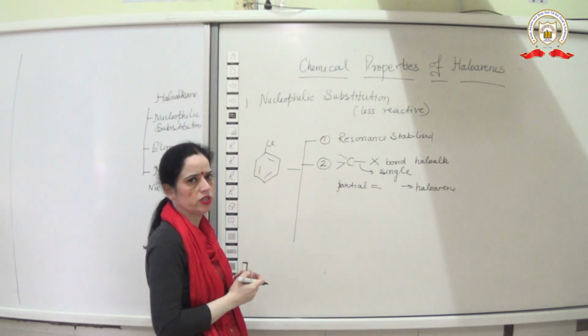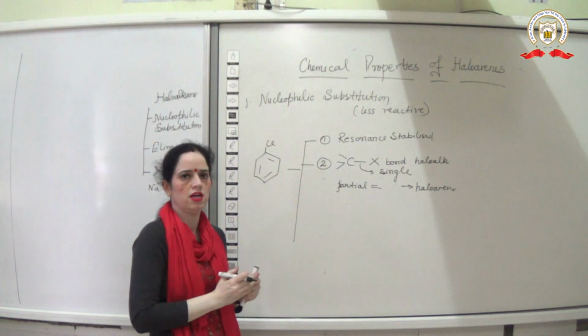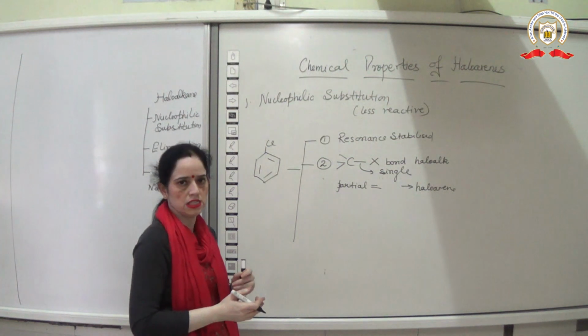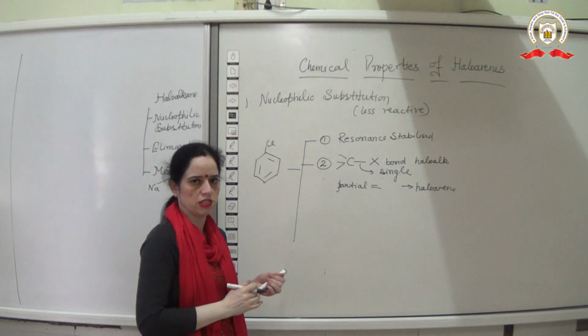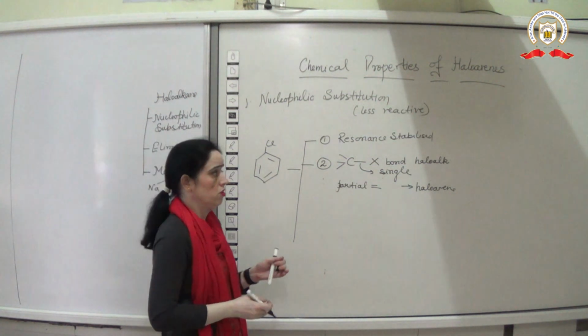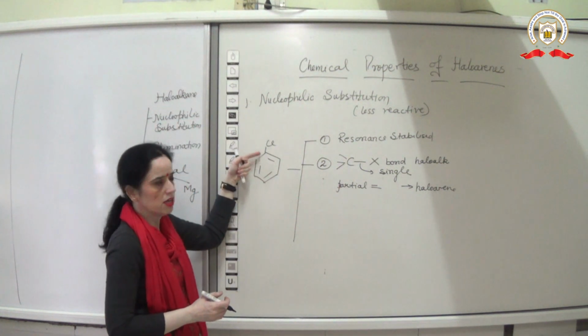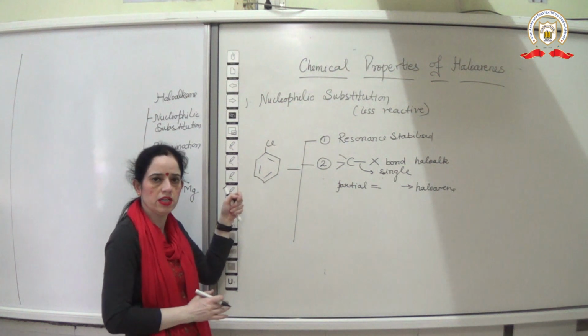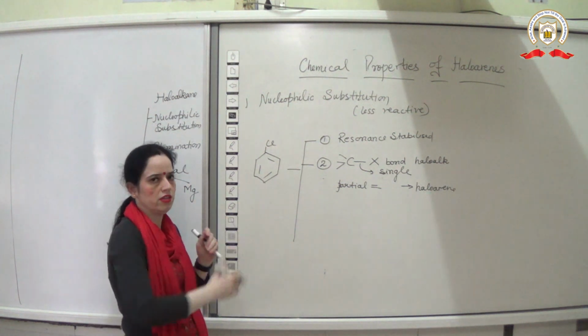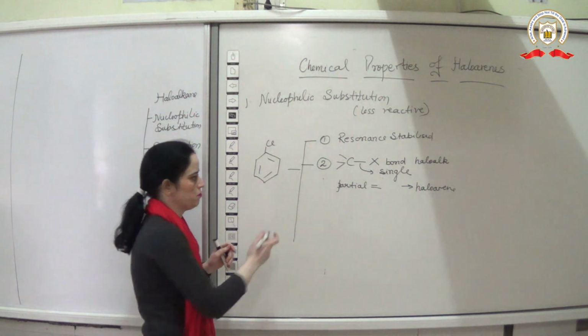What is partial double bond character? When we draw the resonance of chlorobenzene, during the resonating step, due to the plus R effect, the single bond between Cl and C gets a partial double bond character. We will be drawing the resonance here also.